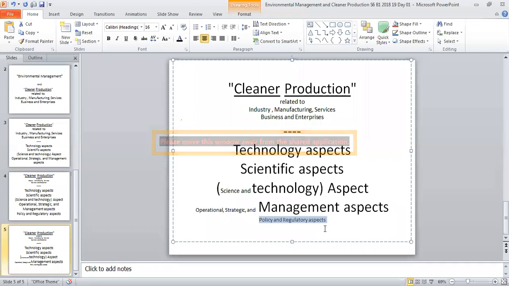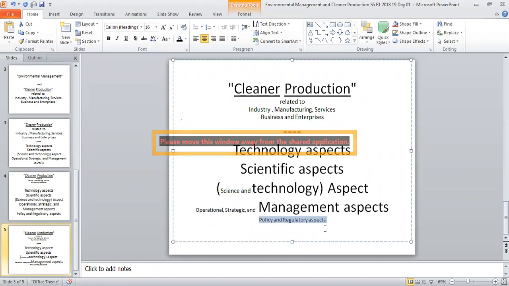So in your mind, imagine this bakery process, the bread making process, with incoming raw materials. You are using energy as well, maybe firewood or LP gas or whatever. The process is there. You have the product, you have the byproducts and you have the wastes.